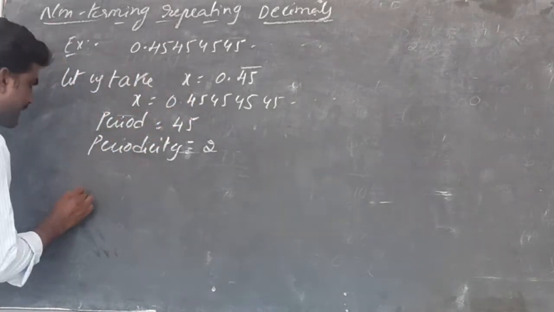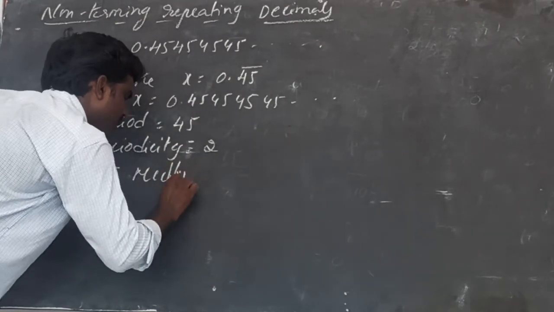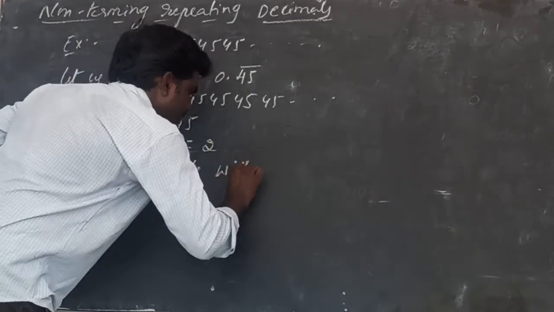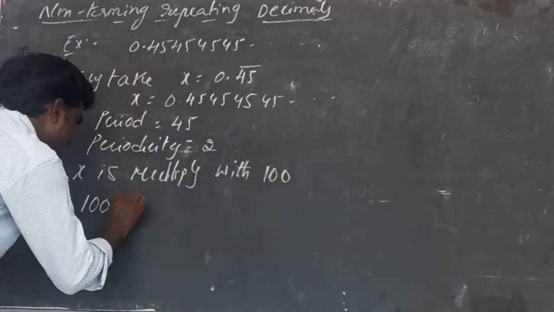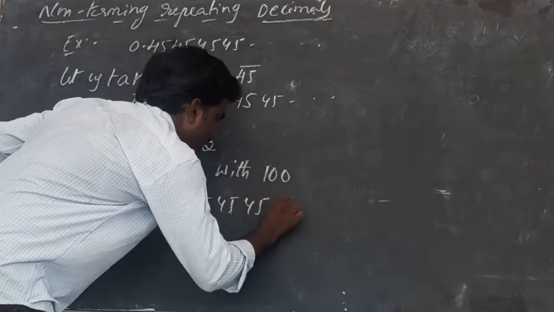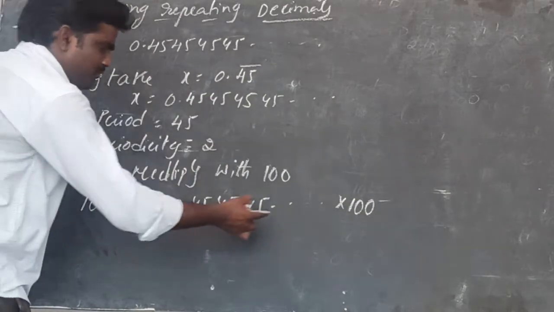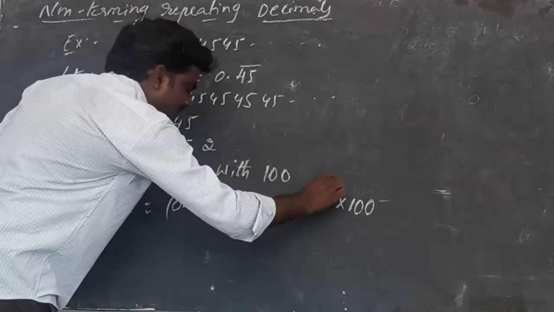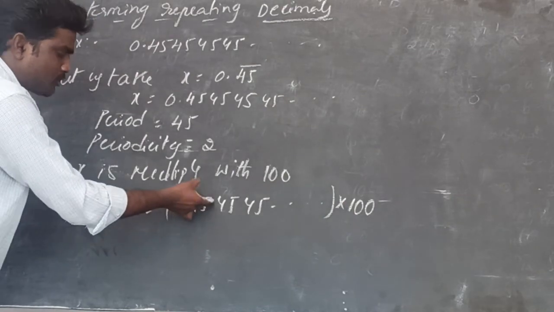2 zeros means 100. So the number x is multiplied by 100. That is 100 into x is equal to 0.45454545 and so on into 100. When this number is multiplied by 100, 2 decimals change to a whole number.